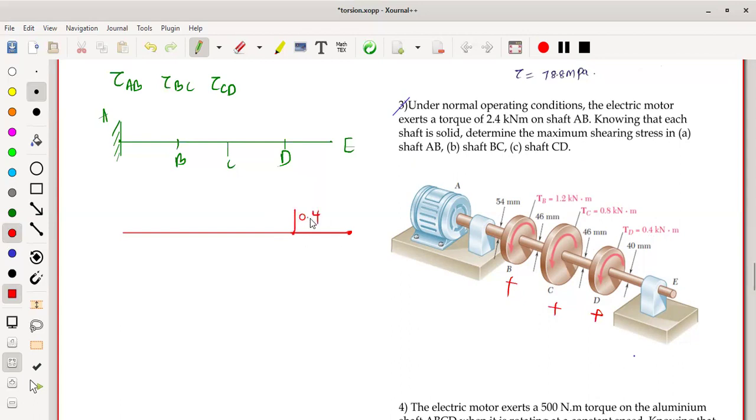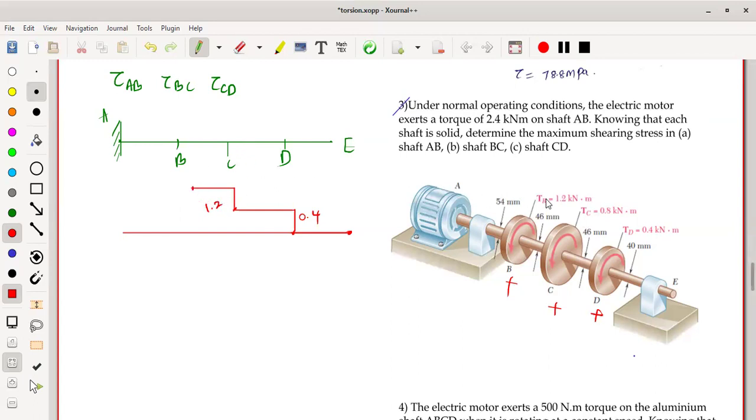So this height is 0.4. From D to C you don't have another torque, so you have only 0.4. But at C, by including this 0.8, it has some height. The height you can write as 1.2 because 0.8 plus 0.4 is 1.2.